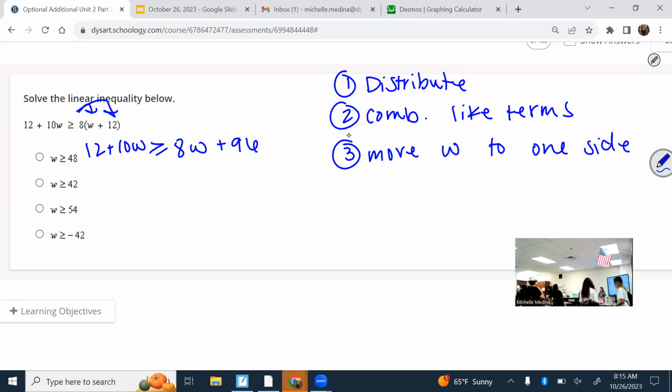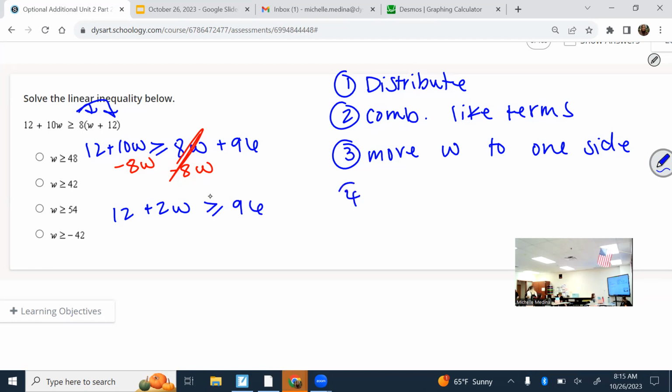It doesn't matter what side. Which one do you want to move? The 10W or the 8W? So I agree that usually when you do that, move the smaller one. You don't have to work with the negative. So then I get 10W minus 8W, which is what? 2W. And it's positive, so put plus 2W.